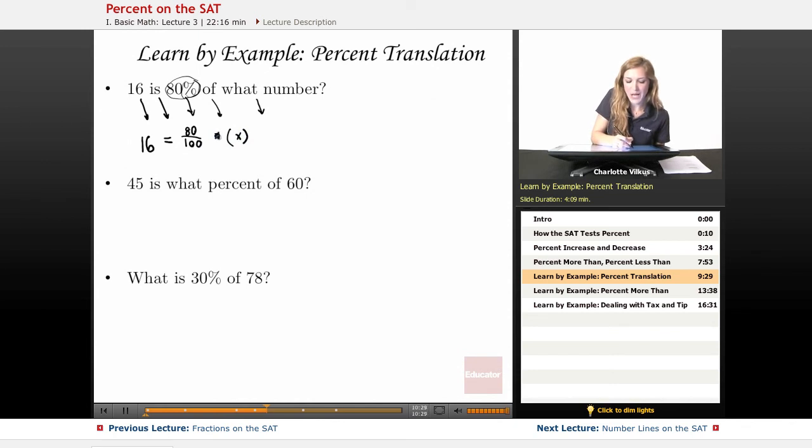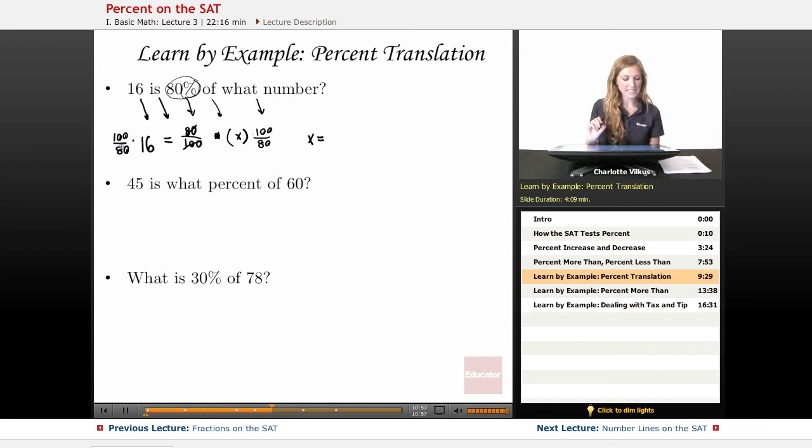Here I'm going to put a dot so that we can tell that apart from being our x, but multiplier, we can put a dot or a multiplying sign. So here, when we look at these together, then we can easily solve for x just by multiplying this side by 100 to get rid of this 100, because we would multiply both sides by it, and then dividing both sides by 80.